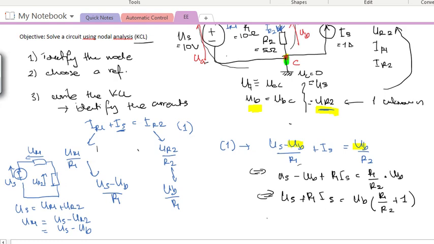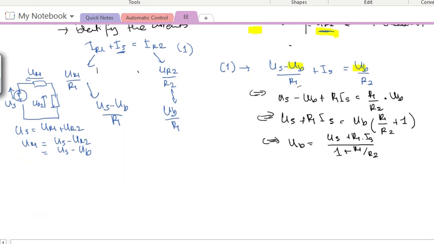So now we can deduce that UB equals to US plus R1 IS over 1 plus R1 over R2.